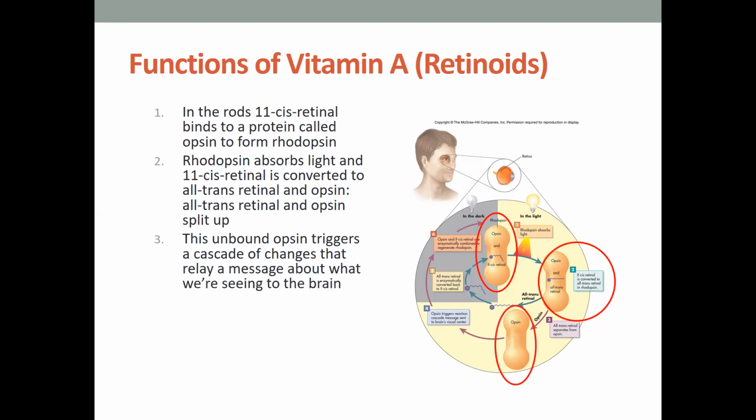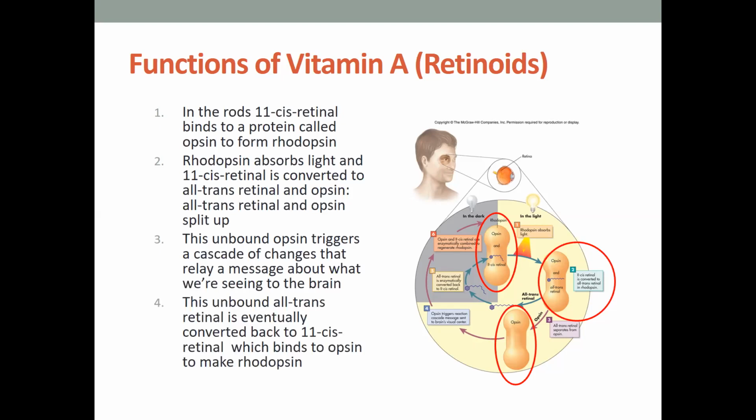But now we have opsin that is no longer bound to retinol. And that's going to trigger a cascade of changes that relay a message about what we're seeing to the brain. Now that the retinol is not bound to anything, it eventually gets converted back to its original form, and that can now bind to opsin to make rhodopsin.